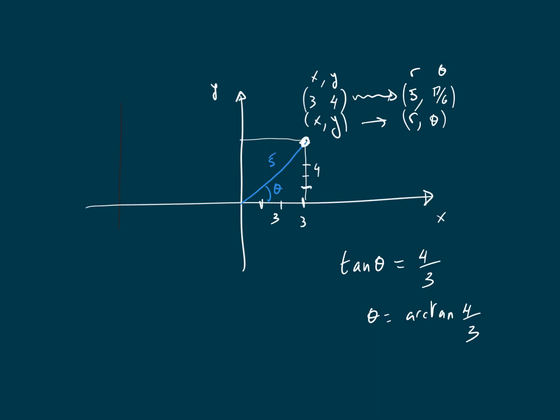So we take the following standard rule, if we can say. Theta is positive if you walk counterclockwise. R is positive if you go from the center.